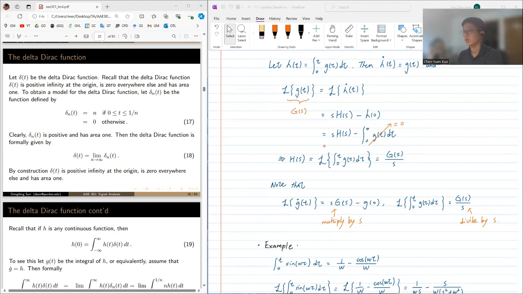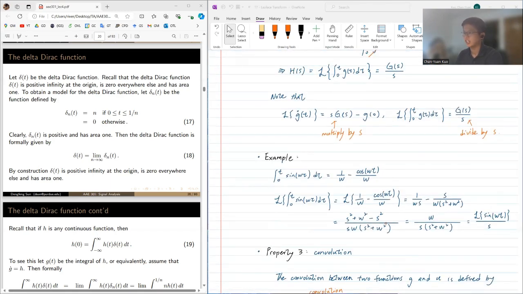This means that when you want to compute the Laplace transform of the derivative of a function, you basically just multiply the Laplace transform of that function by s. And when you want to compute the Laplace transform of the integral of a function, you basically divide the Laplace transform of that function by s.